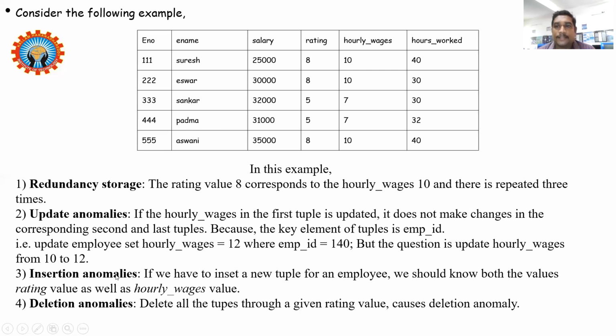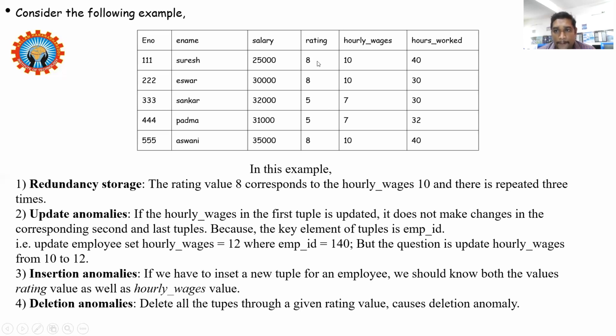The next one is insertion anomalies. If I want to insert a new row, say triple six with a name and salary, and I want to insert a rating of 8, I have to know the other attribute, hourly wages, because these 2 are functionally dependent.